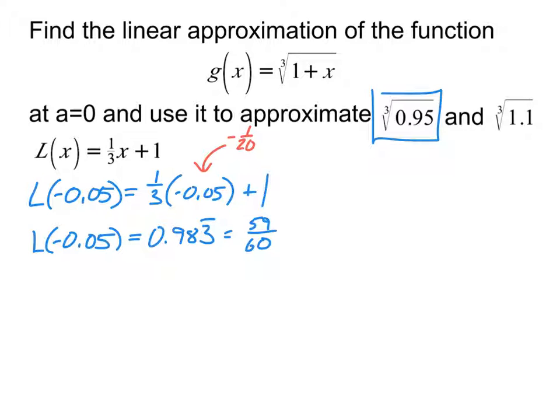All right. Repeat the process now for the 1.1. So remember that you're actually finding out what the value of L of 0.1 is. Make sure that you actually plugged in 0.1, not 1.1.